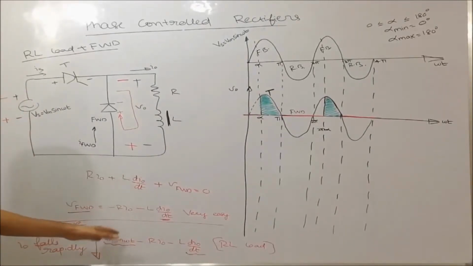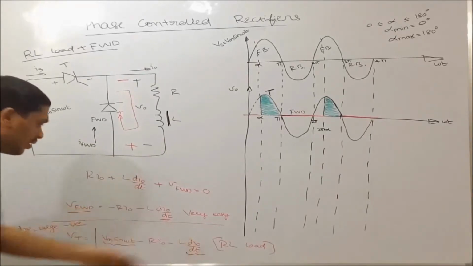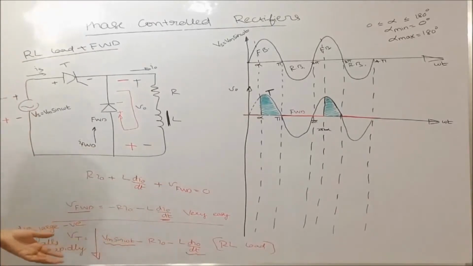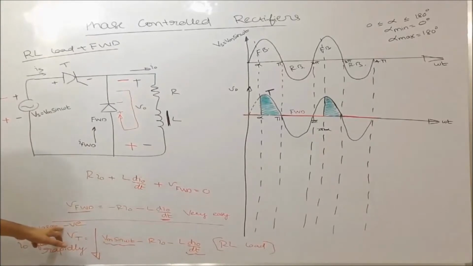In the negative half cycle, this is negative, as negative as possible. To compensate this one, this has to be more negative. Then only the effective value is positive. So if this value is large negative, means what? di naught by dt is large negative, means what? I naught has to fall rapidly.